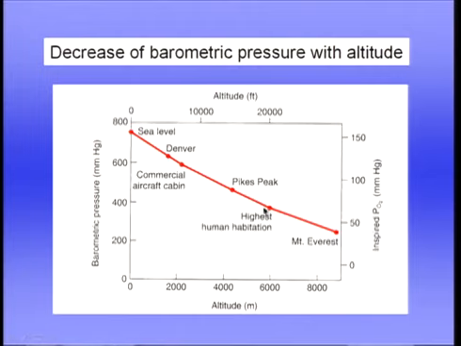People live as high as a little over 5,000 up to nearly 6,000 meters. And Mount Everest has a barometric pressure of about 250 and therefore a very low inspired PO2. And here are the inspired PO2 values.